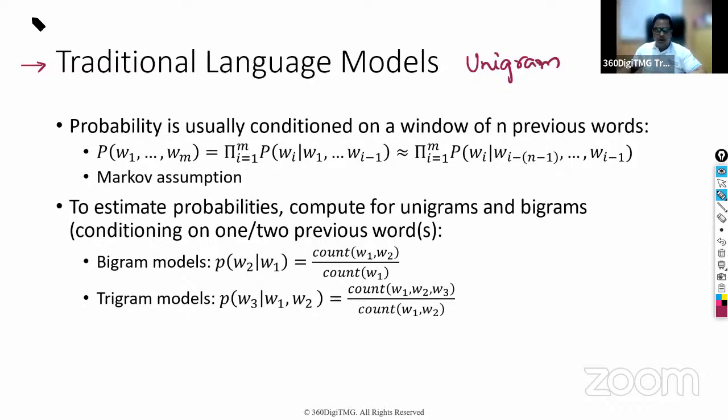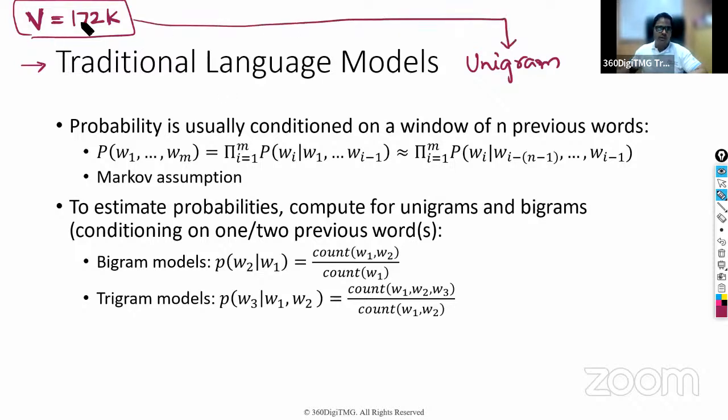Within the English language, if I say the vocabulary size is V, there are approximately 172,000 words overall. So the number of unigrams will be equivalent to 172,000.